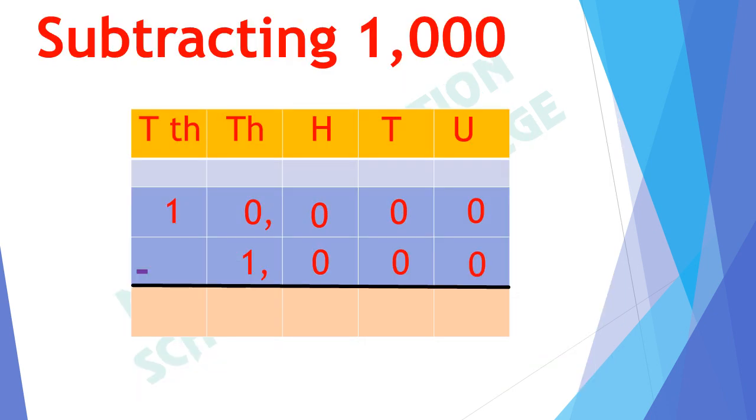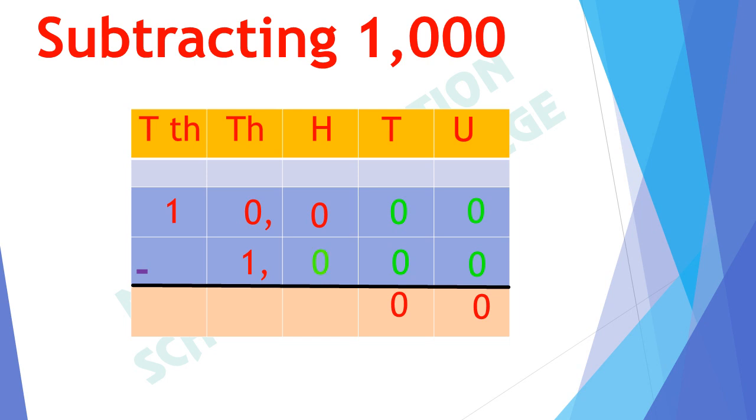We have to subtract 1000 from 10,000. First of all, we will subtract units. We have to subtract 0 units from 0 units, and here we will get 0. If we subtract 0 tens from 0 tens, we get 0. Then we move towards the hundreds.